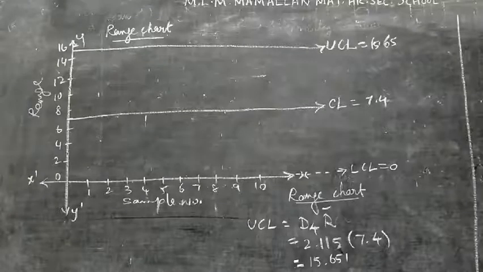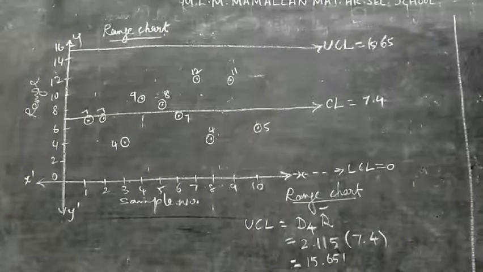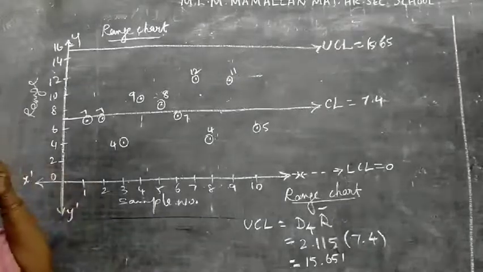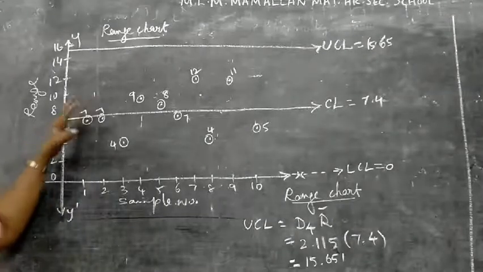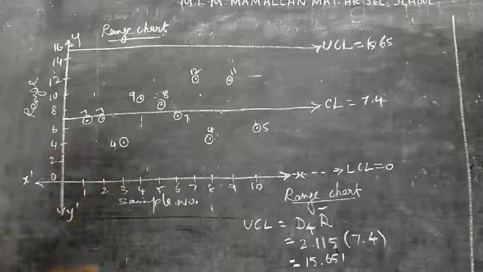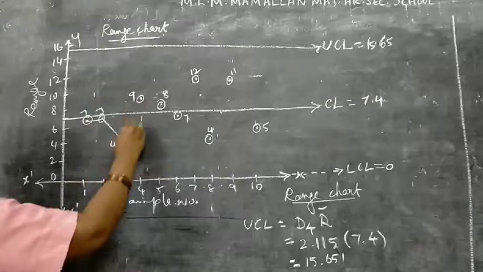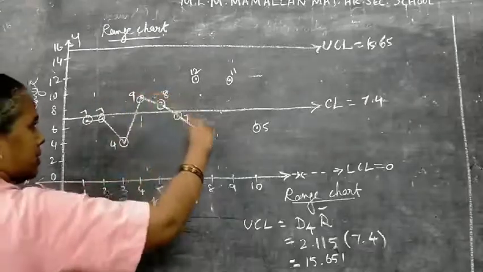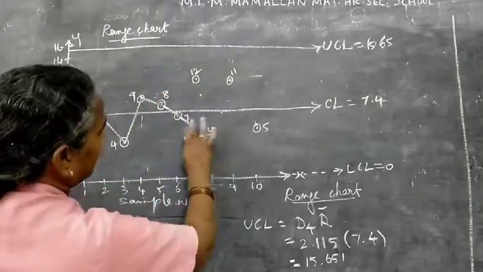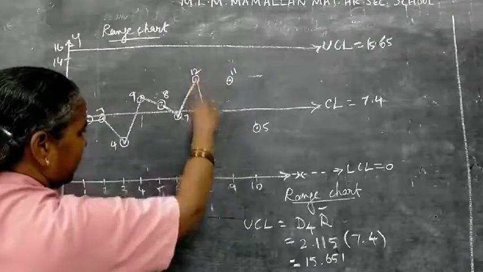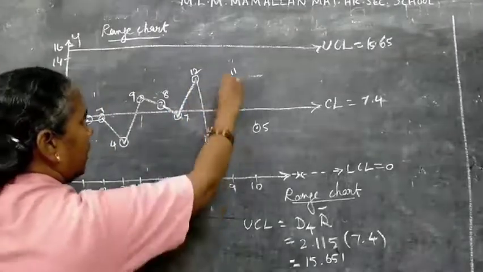Okay children, this is plotting. Now we are going to continue the problem by joining these points. See, first sample number 1, sample number 2, sample 3, sample 4, 5, 6, 7. Sorry, 7 is here. 7, 8, 9, 10.